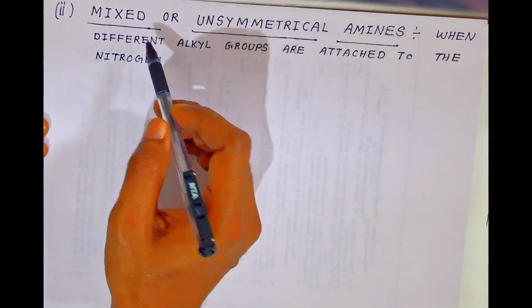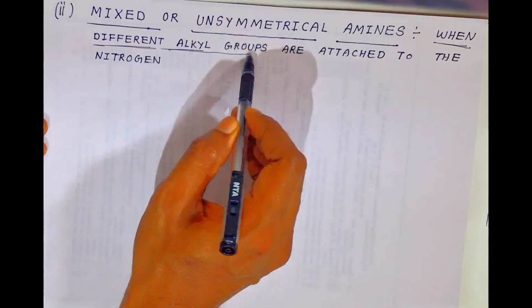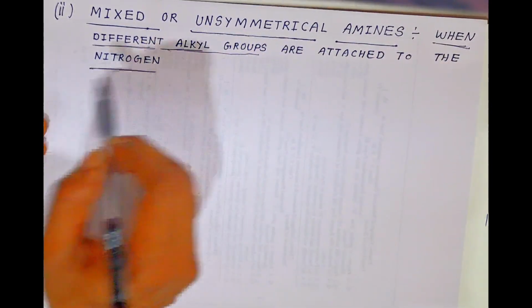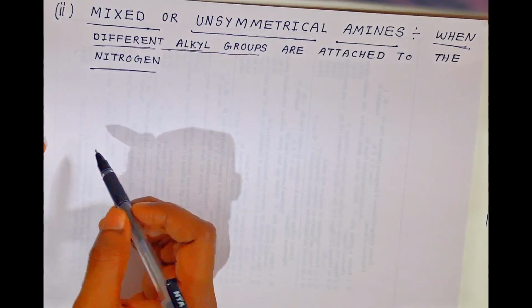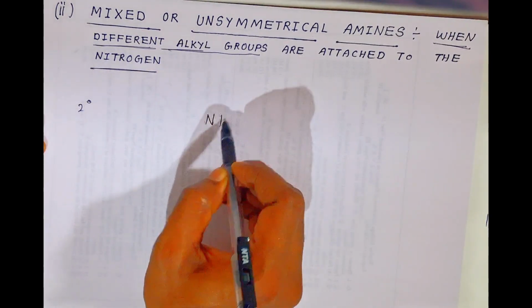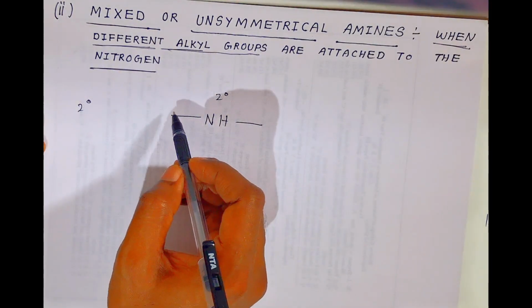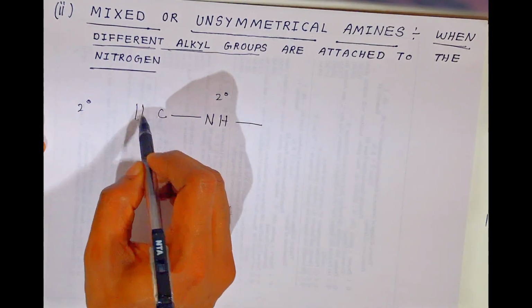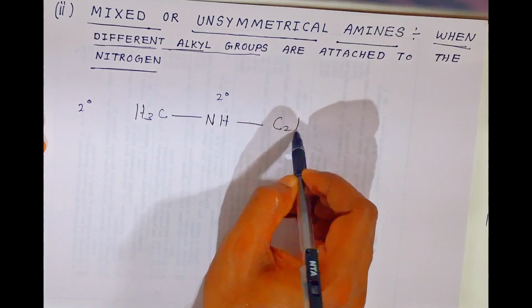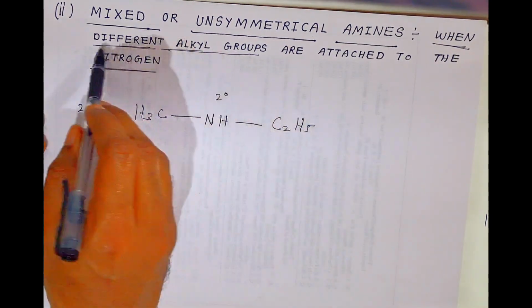So which amines are called mixed or unsymmetrical? When different alkyl groups are attached to the nitrogen, that type of amine is called mixed. Suppose, students, second degree amines, you have one hydrogen and now 2 valencies there, students. So this is second degree. Now if one of the valencies you replace with methyl, this is methyl, and another with C2H5, ethyl. Okay, students, so here you have different alkyl groups.